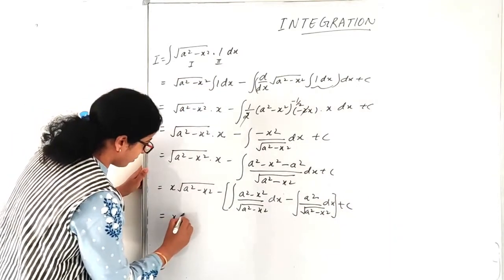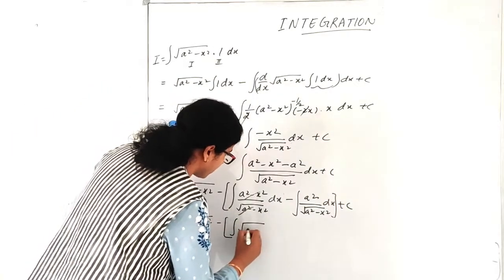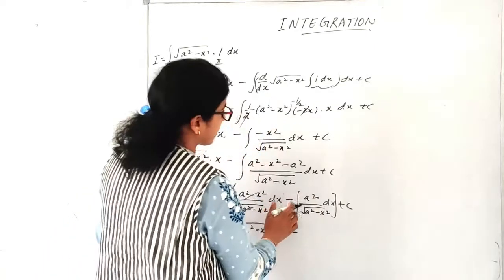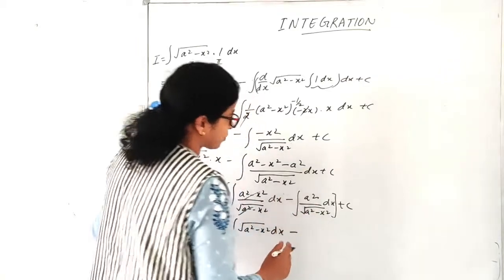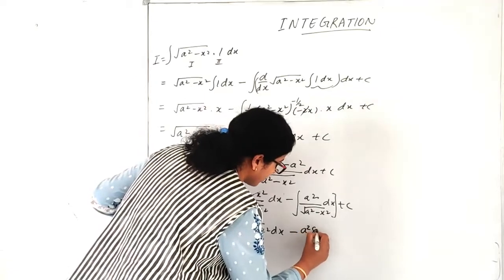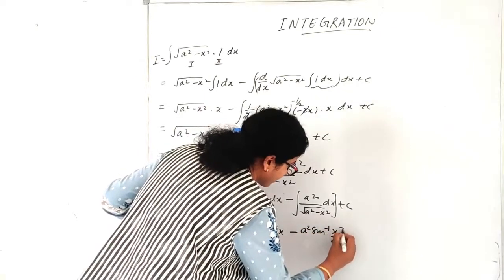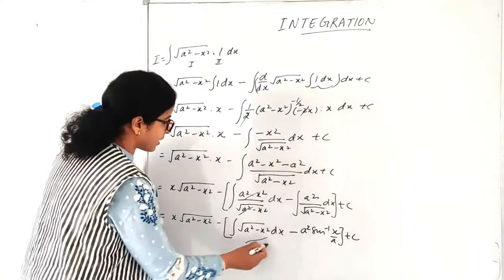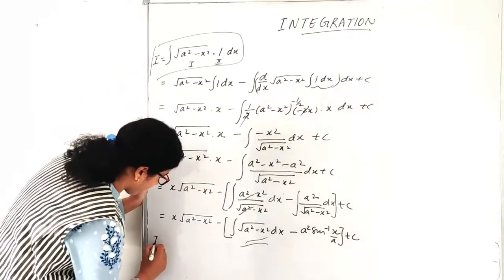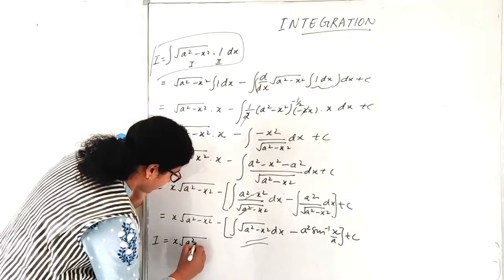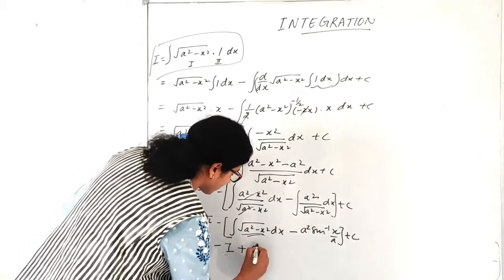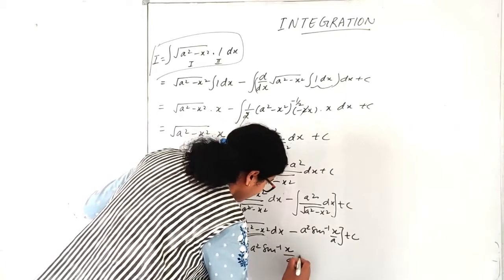So this can be written as integration of root a square minus x square dx minus, if I take out a square common, it is 1 upon root a square minus x square, which is nothing but the formula of sine inverse x by a, right? So directly I will write here a square sine inverse x by a plus c, and this is nothing but my original integral, so I can replace this part by I. So I can write I is equal to x root a square minus x square, open the bracket, minus I, minus minus plus a square sine inverse x by a plus c.